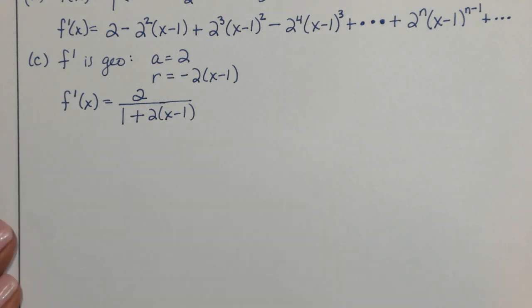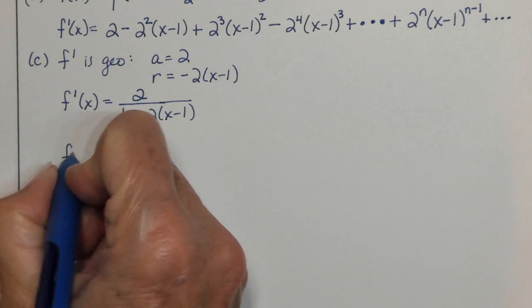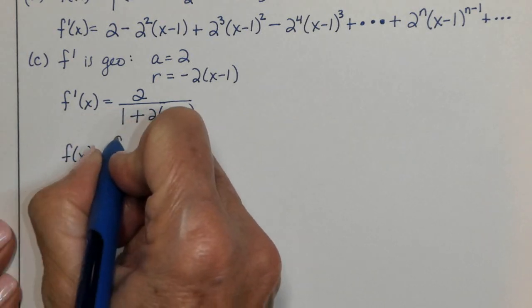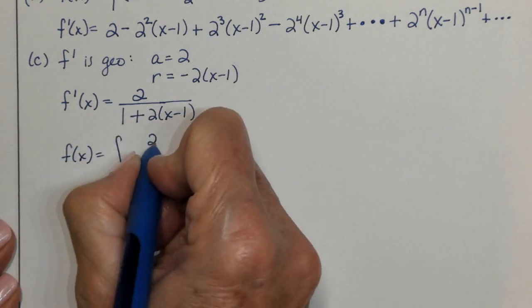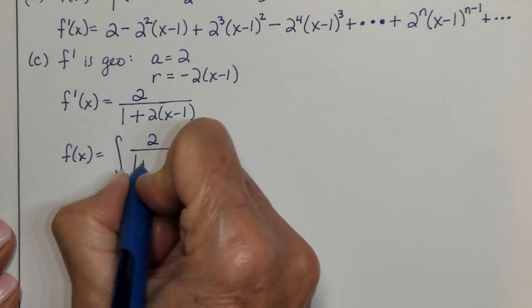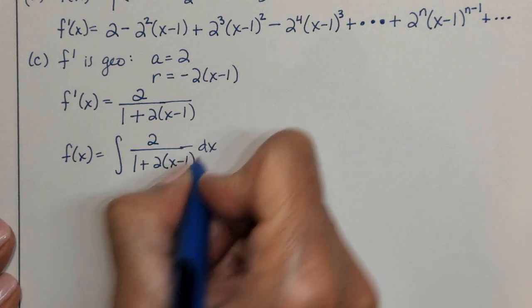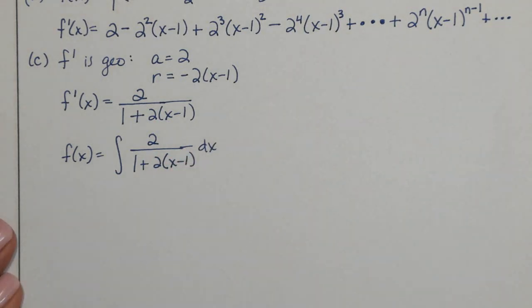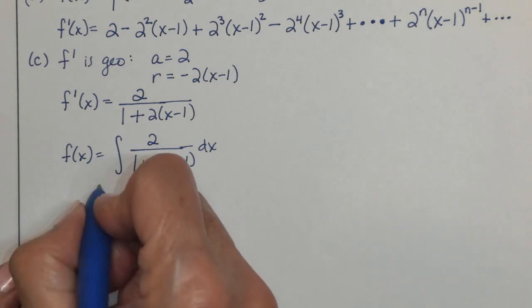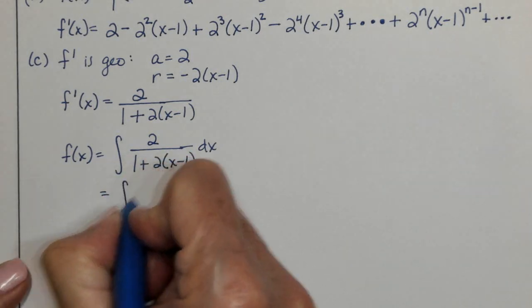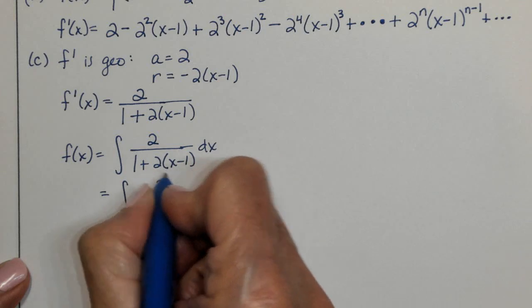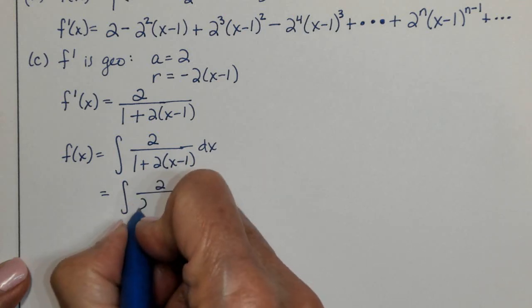Well, I'm going to integrate it, right? f of x will be the integral of this. Now this has become an integration problem. So this is 2 over, I'm going to clean up that denominator. That's going to be a 2x.